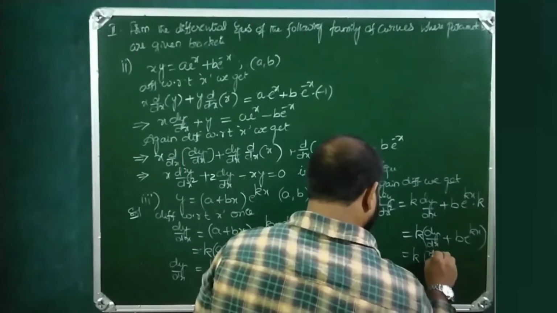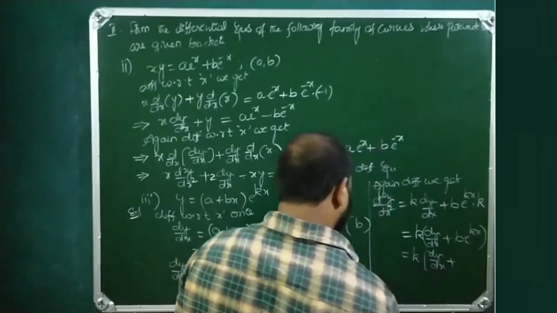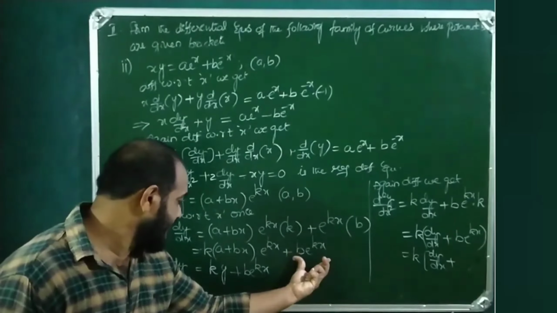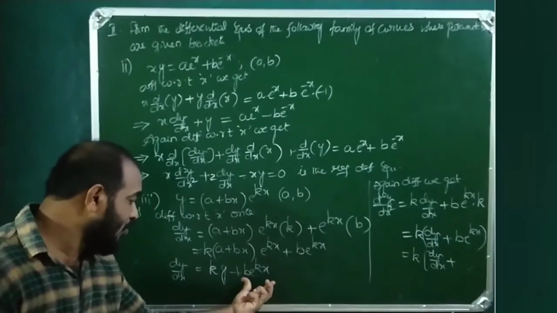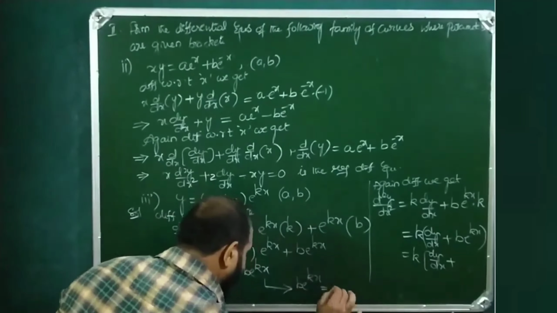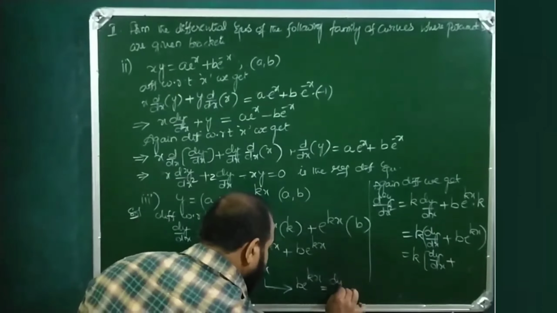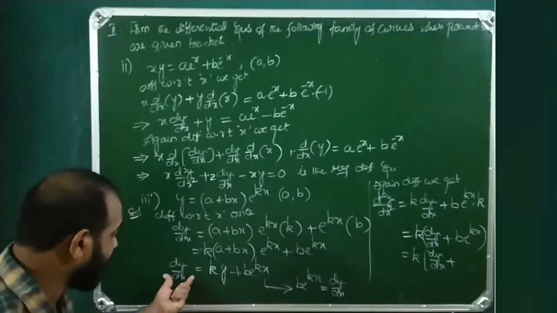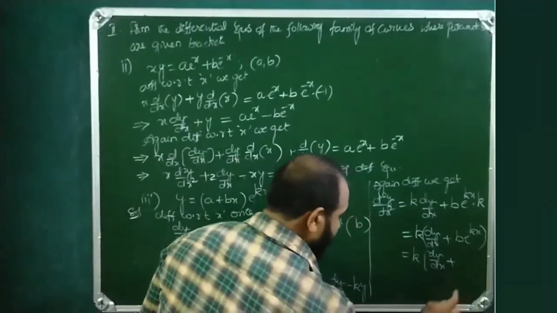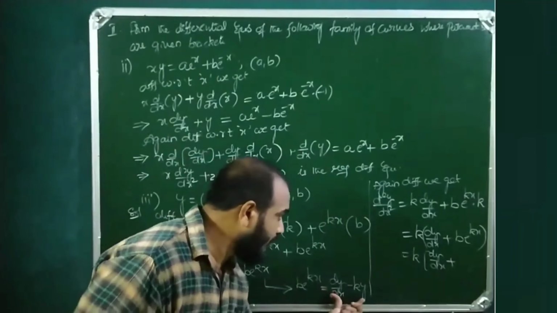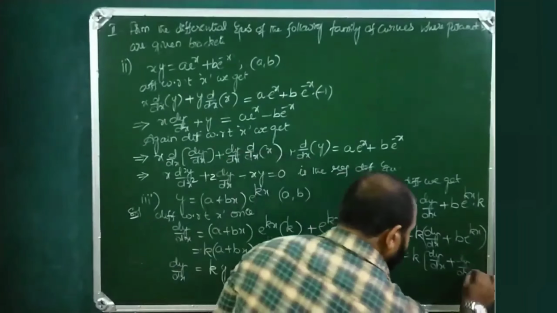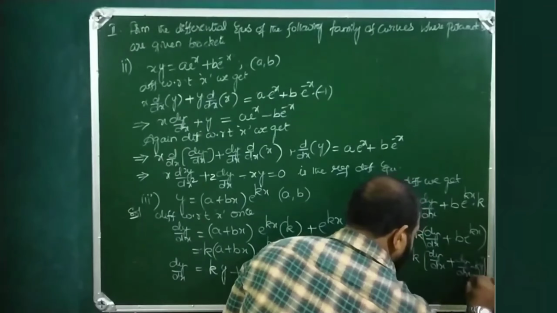From the first equation, b into e power kx is equal to dy by dx minus ky. So I will substitute here. So b e power kx can be replaced as dy by dx minus ky.